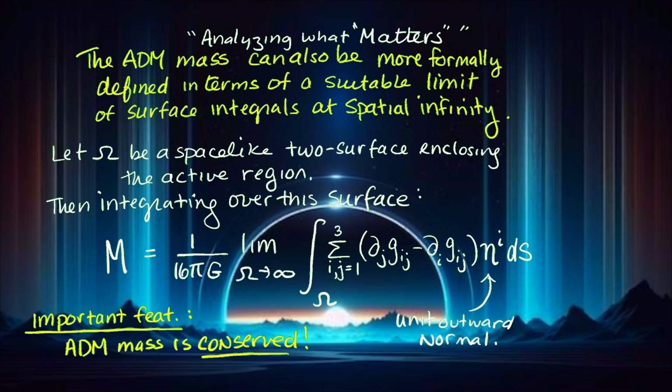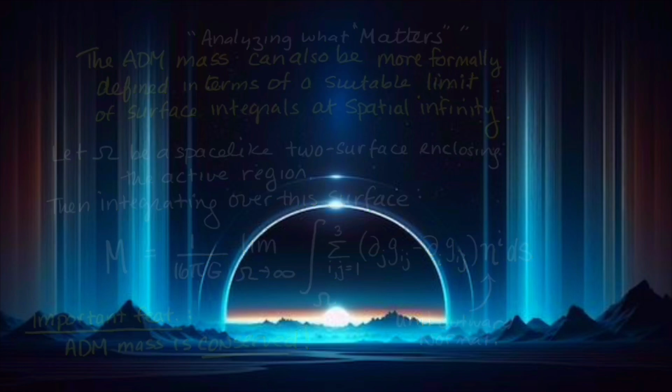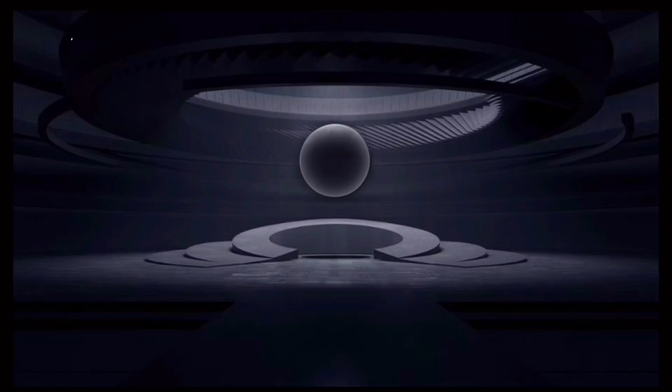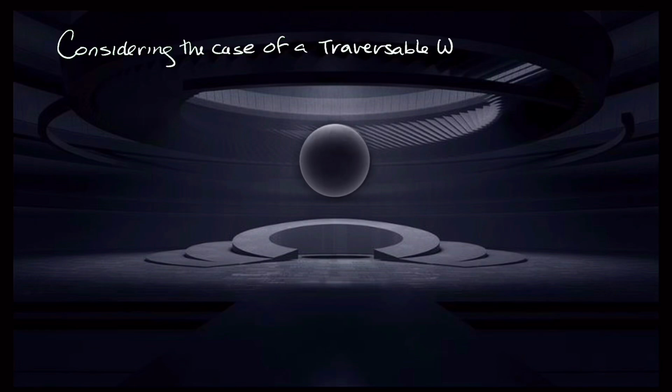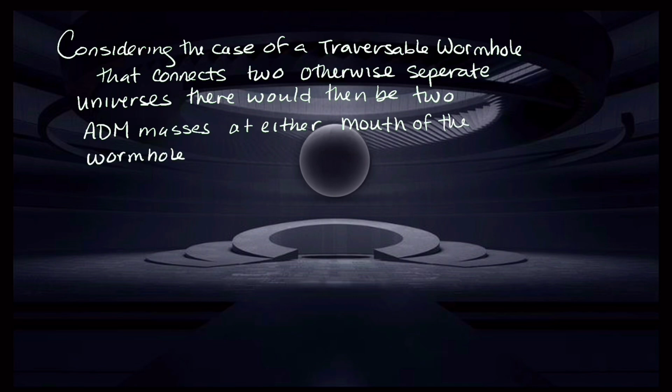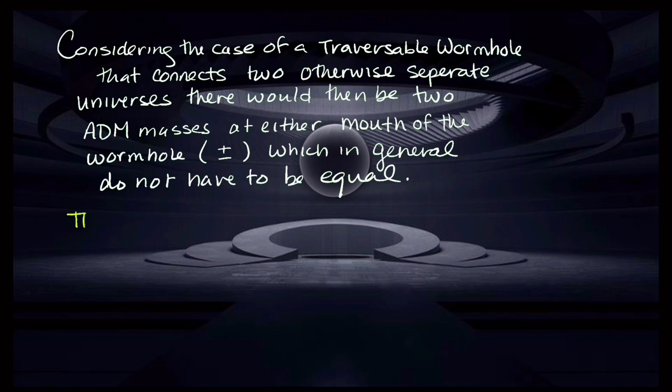Analyzing what matters. Considering the case of a traversable wormhole that connects two otherwise separate universes, there would then be two ADM masses at either mouth of the wormhole, at the plus and the minus end, which in general do not have to be equal.